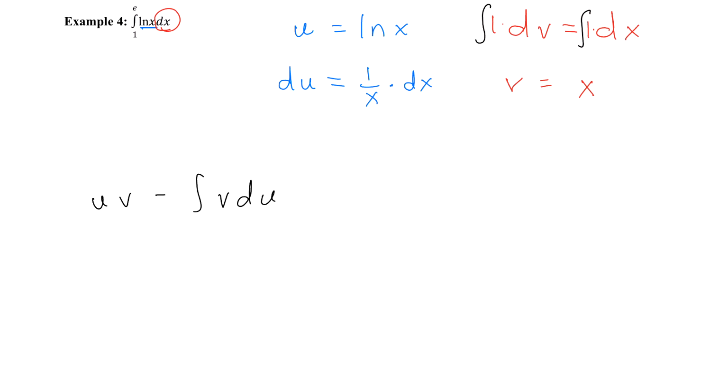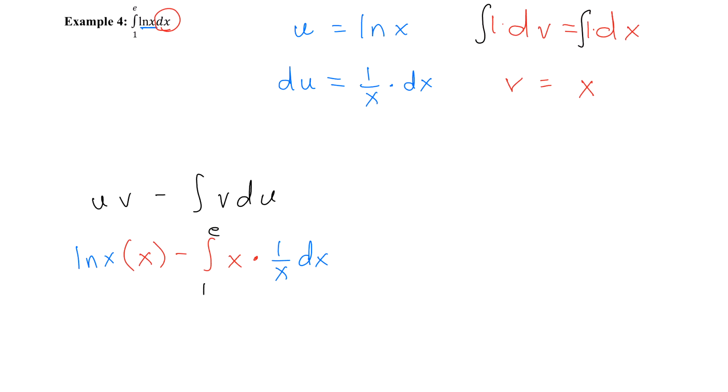We know u is natural log of x, times v, which we said was simply x, minus the integral of v, which is once again just x, times du. Du is 1 over x dx. And the thing that we are going to have to remember is, hey, we're doing a definite integral, so we need to bring down those limits of integration, 1 and e.